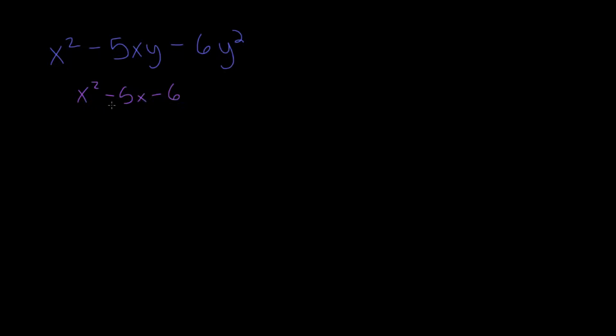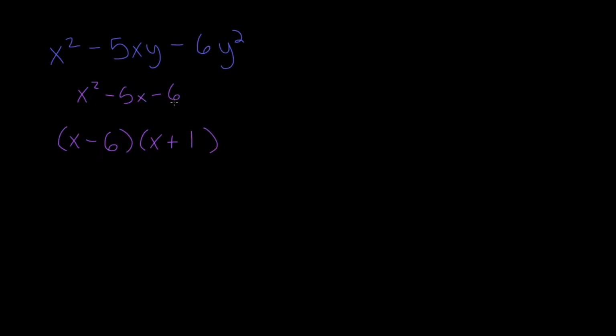Looking at our signs, they're both negatives, which tells us one of our factors is going to be negative and the other is going to be positive. So let's go ahead and factor. Our factors have to multiply up to -6 and add up to -5. One pair that could multiply to -6 and add up to -5 would be -6 and 1. So we could put -6 here and 1 here.